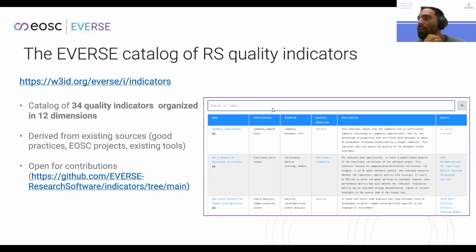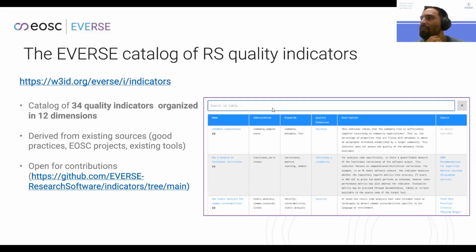And the rest of the indicators, we have not defined ourselves. Most of them come from good practices, existing EOS projects, existing tools that measure that aspect, or that have considered that aspect of software important, right? This is maintained in a GitHub repository in the EVERSE organization, and it's open for contributions as well.